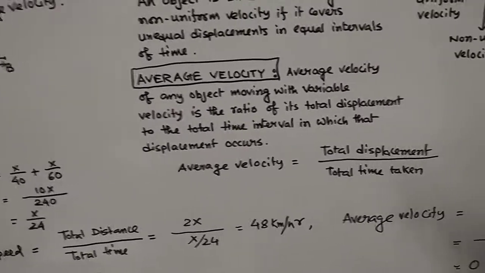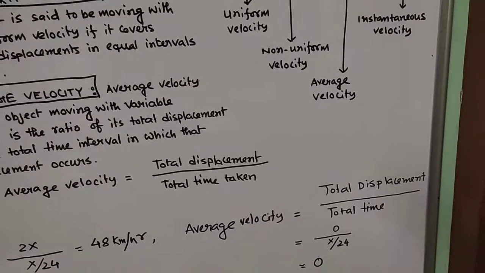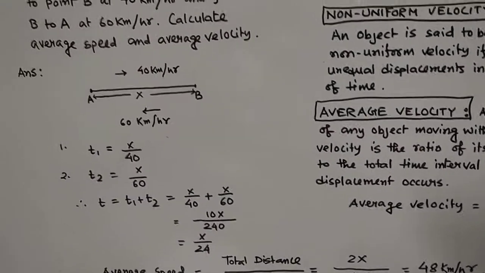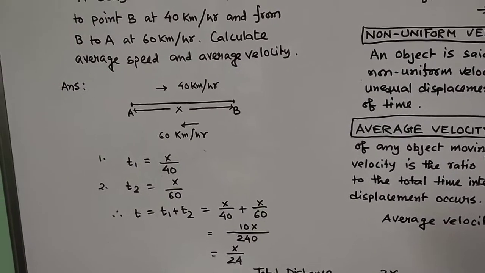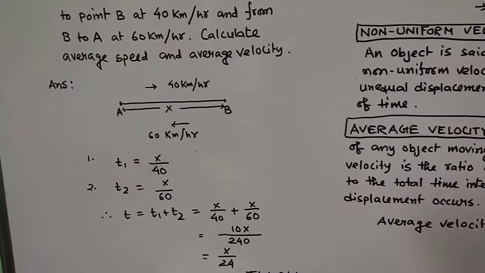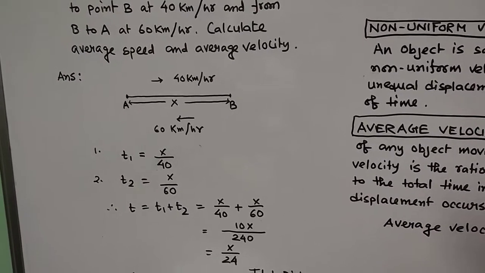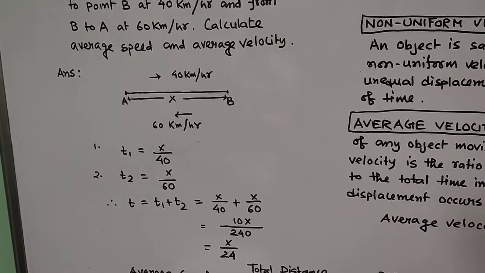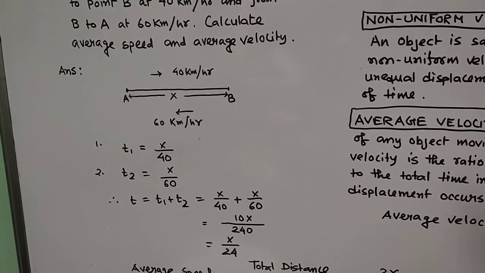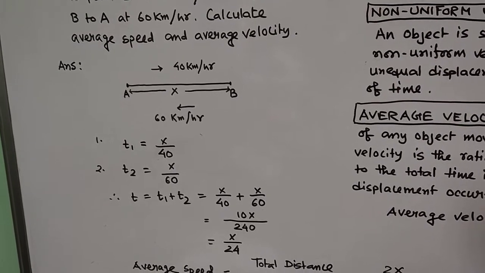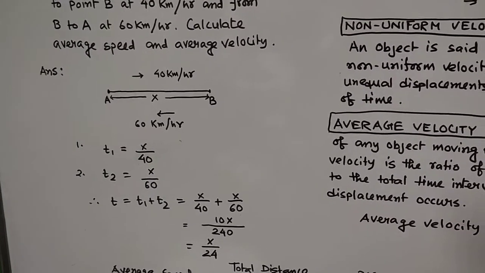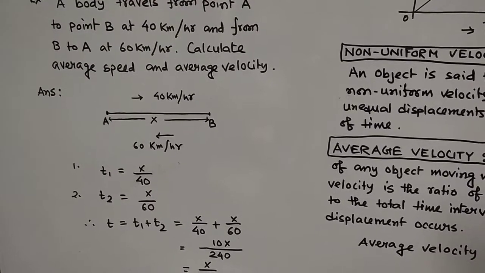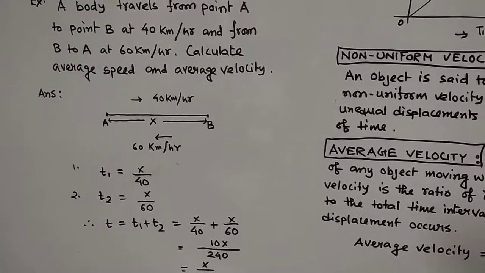Now average velocity, again the formula is total displacement by total time. Now displacement, if you see the definition from the previous class, is the length from the starting point to the ending point. The starting point is A, and the ending point during the journey is again A. So you can consider the displacement is 0, because it comes back to its initial position.